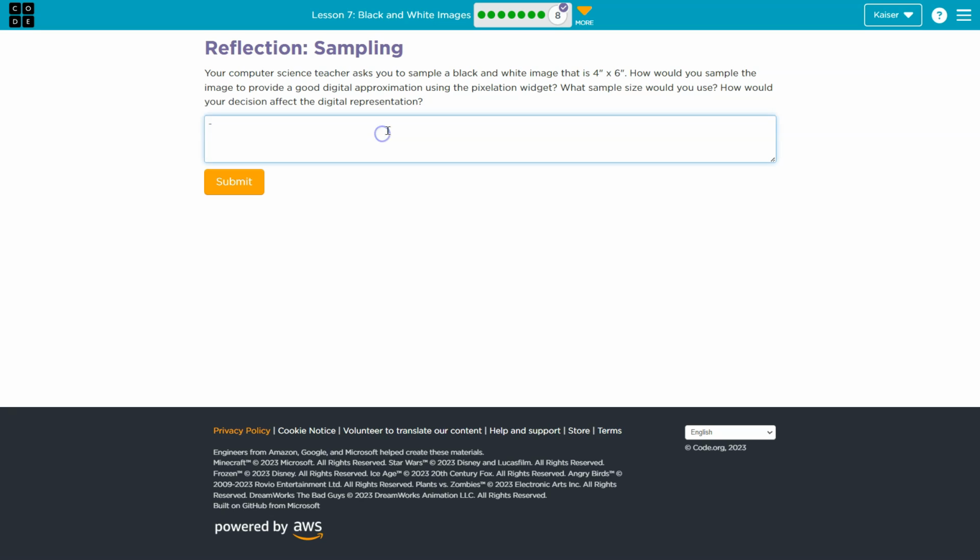Now, the smaller I make it, keep in mind, one, the more data it will be, right? If I break it down 100,000 times, that's a lot of data, but the image quality would go up. However, if I break it down a less amount of times, maybe I only stick with 24, well, that would be a terrible amount of data, right? It would be really difficult to tell what the image was if I only took 24 squares to sample it.